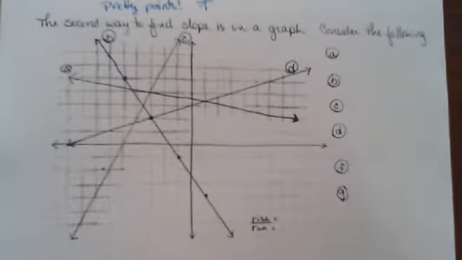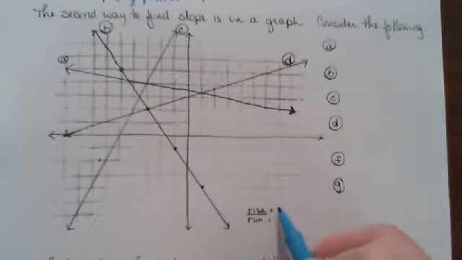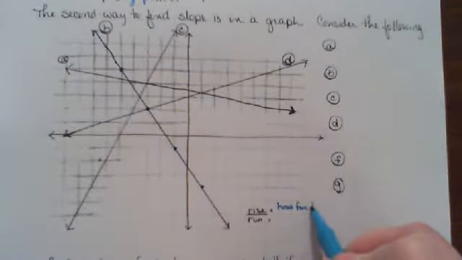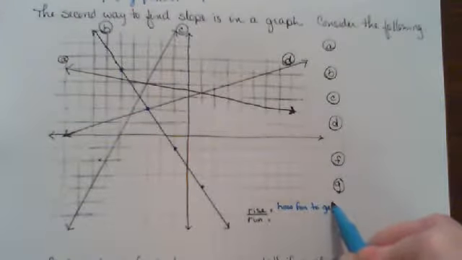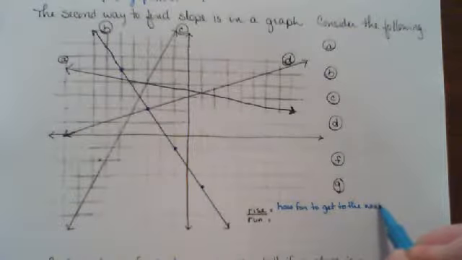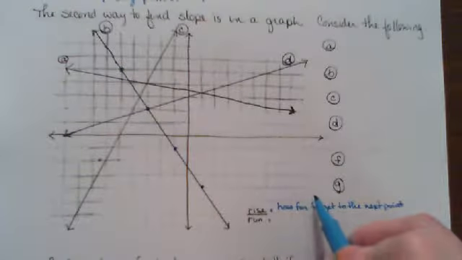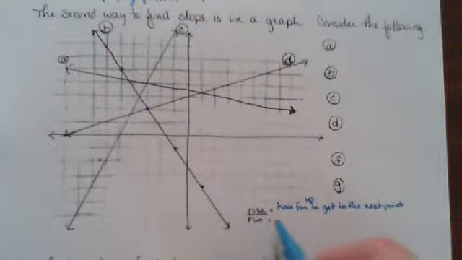That's because we can find slope by using something called rise over run. Rise is how far to get to the next point. In other words, how far up, because it's rising to get to the next point.